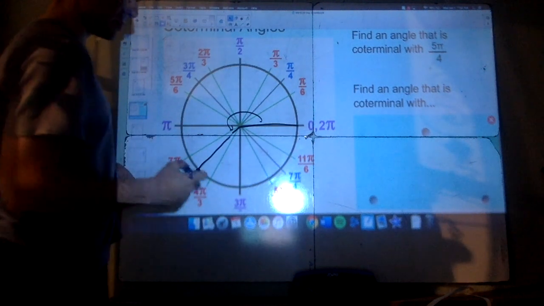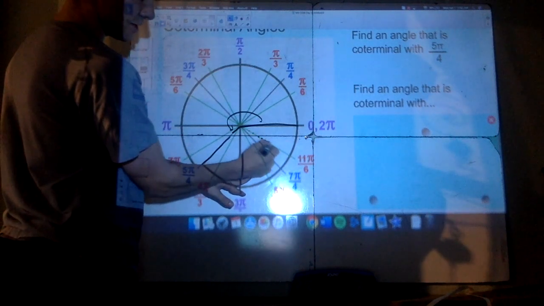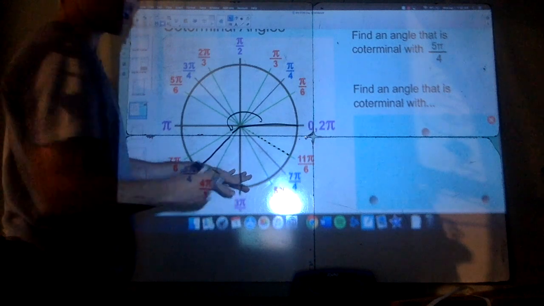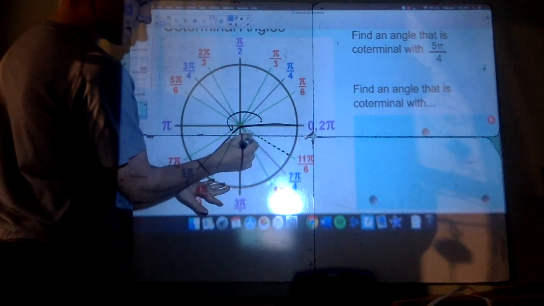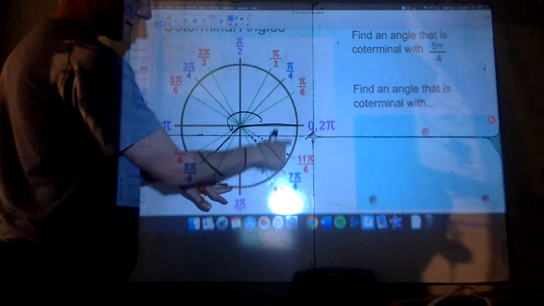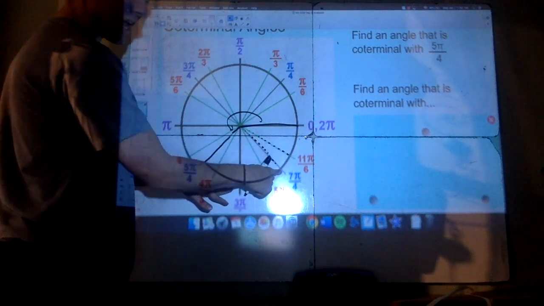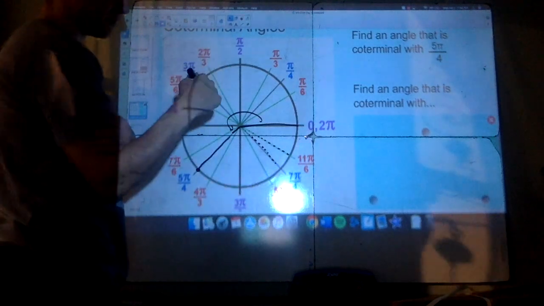It's important to note that each of these small green lines is pi over 6. And each of these, I think it's red, I'm colorblind, from the center to red, each eighth of a circle is pi over 4, sorry.